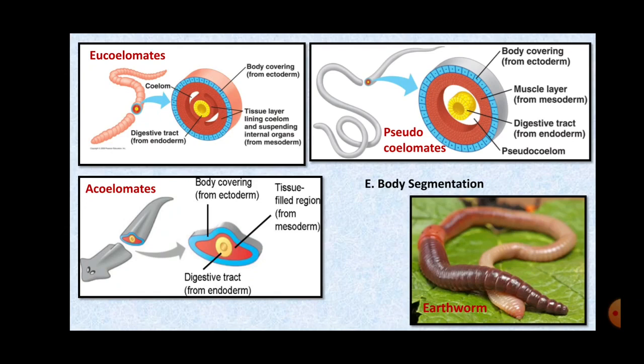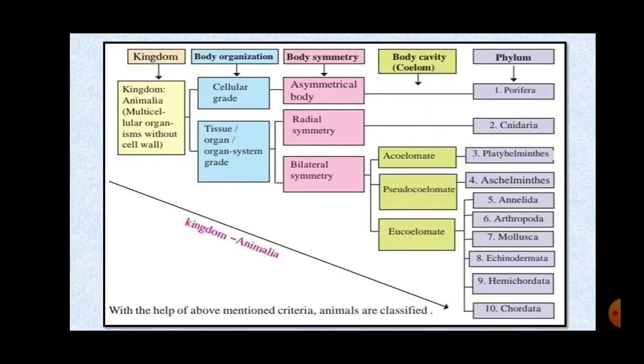So on the basis of these 5 different criteria, the animal classification is done, and then you have your total chart ready to study and understand. See, this way the organisms are studied with the help of the criteria that we studied, and then the animals are classified and placed in a particular phylum.